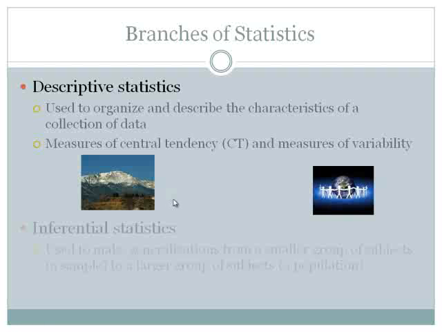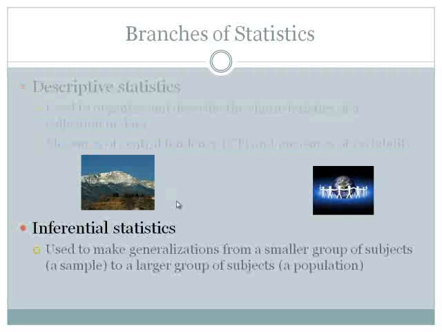The second branch of statistics is called inferential statistics. And you may have wondered on the previous slide why we would say that there's a branch of statistics, or one of the tools is it helps us make decisions with incomplete data. And that has to do with inferential statistics. Most of the time, as a researcher, you will not have access to everyone in a population.